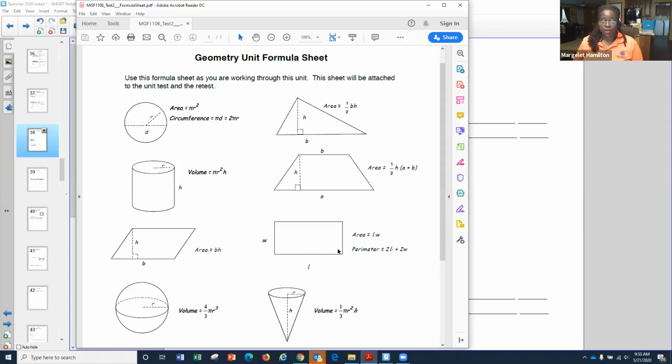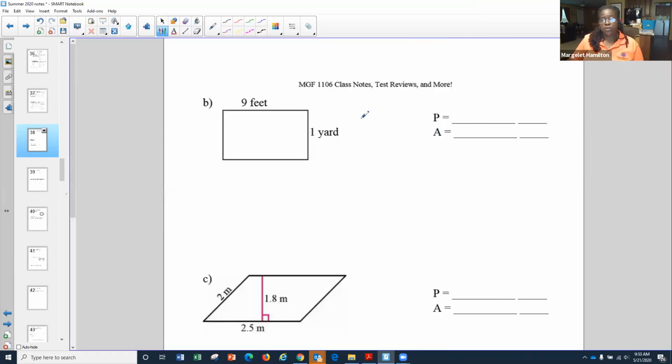Here's our rectangle. The perimeter has a formula, but if you want to keep it simple, you're just going to add up the 4 sides. The area is length times width, right? So we have area equals length times width.